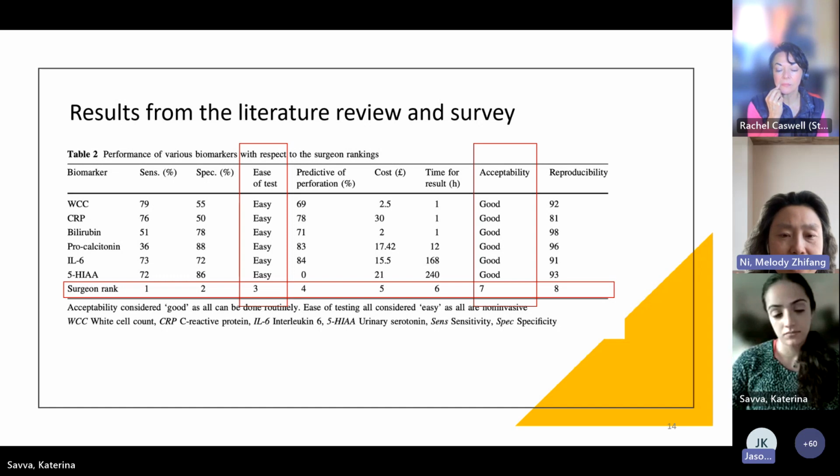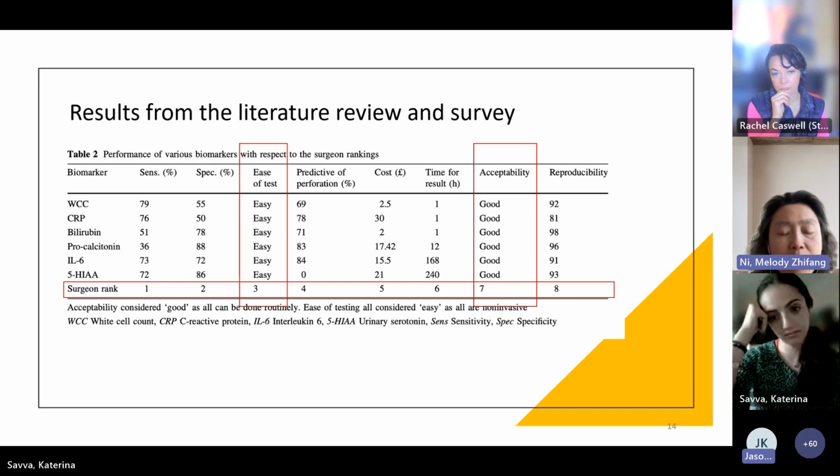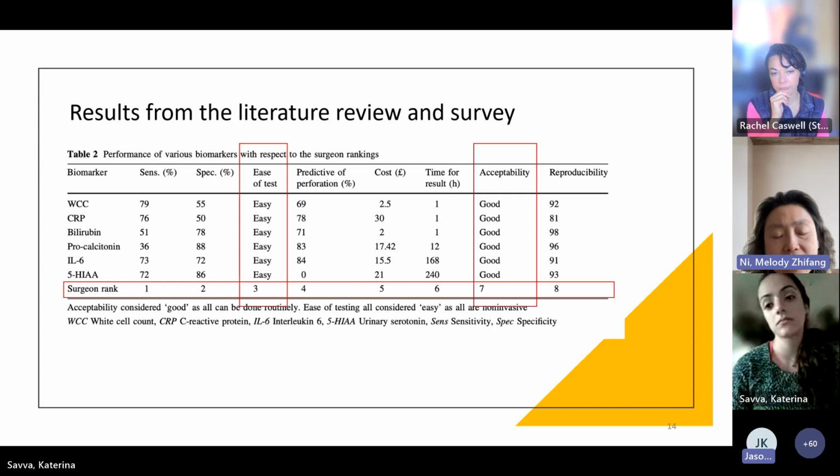At the bottom of this table is the surgeon rank. They ranked sensitivity as the most important, which is not surprising given our main goal is to rule out false negatives. The higher the sensitivity, the more likely we will have a correct identification of appendicitis.